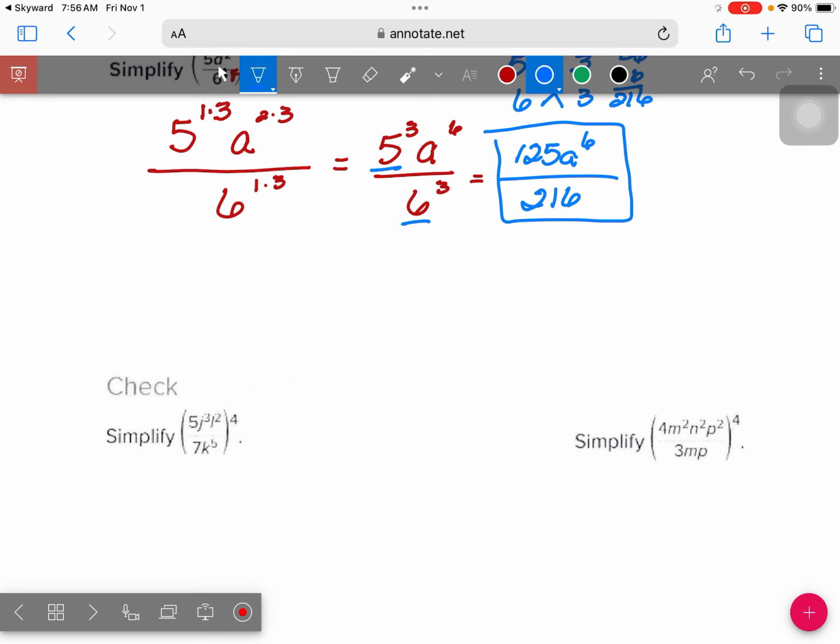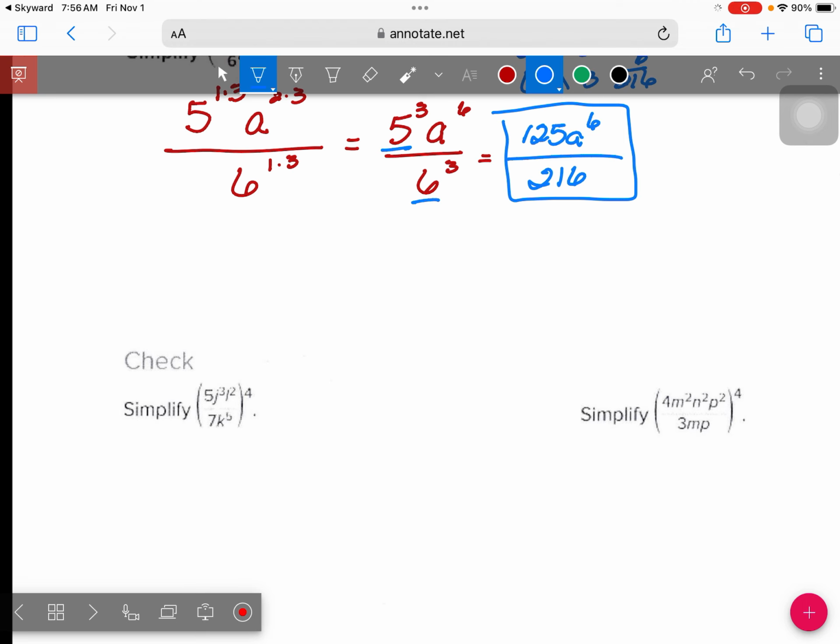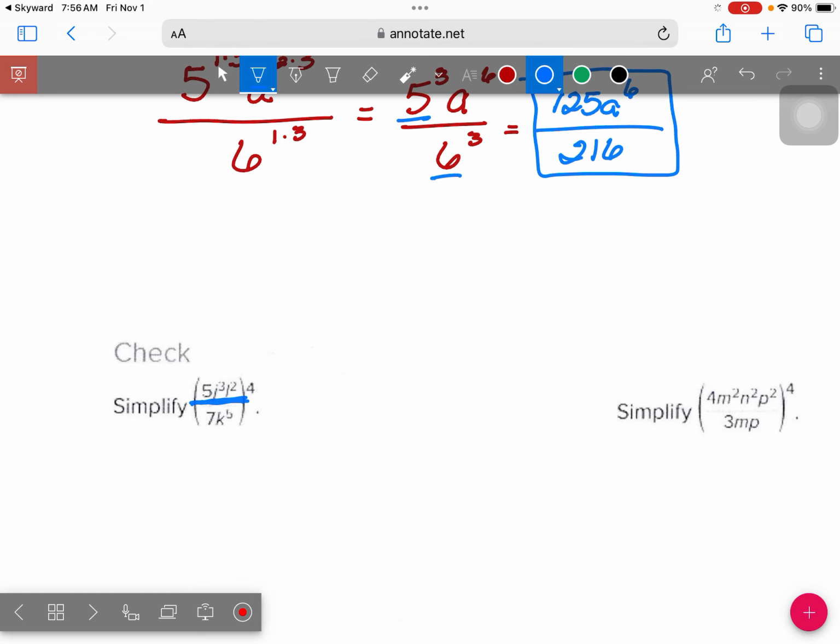Okay. All right, here we go. Simplifying. This is power of a quotient. If there is no 1 on anything as an exponent, put a 1 on it. This 4 gets multiplied with every exponent. It's almost going to look like a spider. Okay?